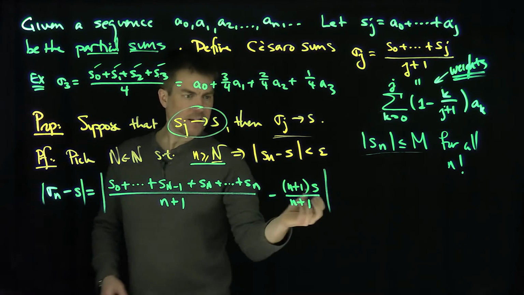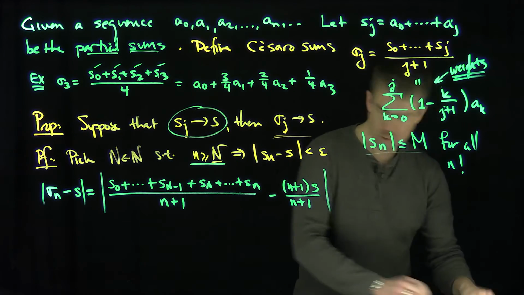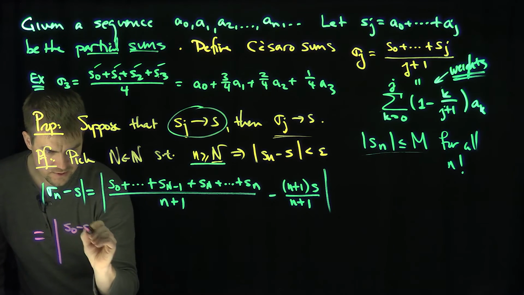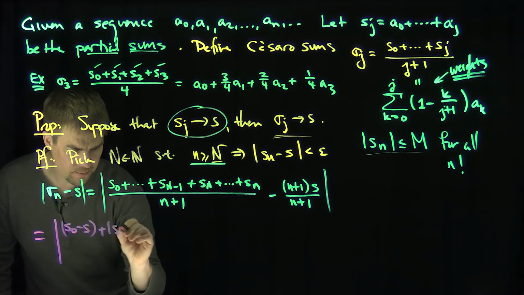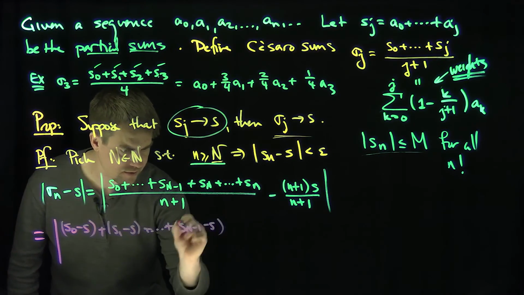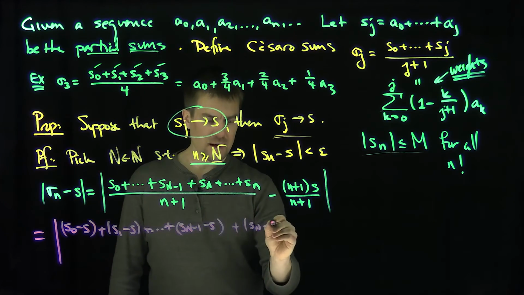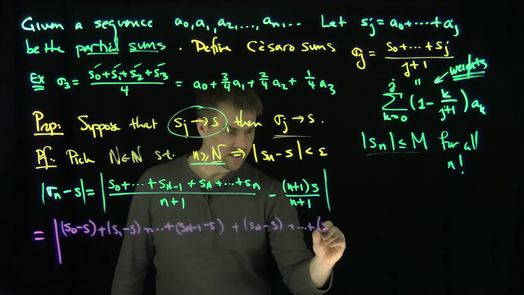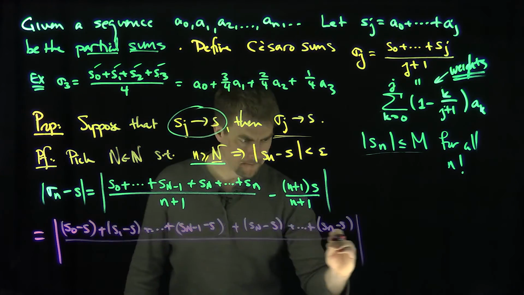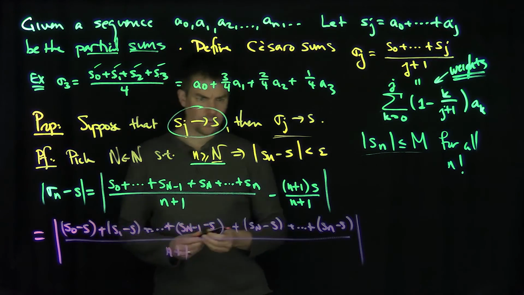Now I'm going to feed one of these S's to every single term. So we have S0 minus S, plus S1 minus S, plus Sn minus 1 minus S, and then plus Sn minus S, all the way down to S little n minus S, all of this less than or equal to the same thing over n plus 1, okay?